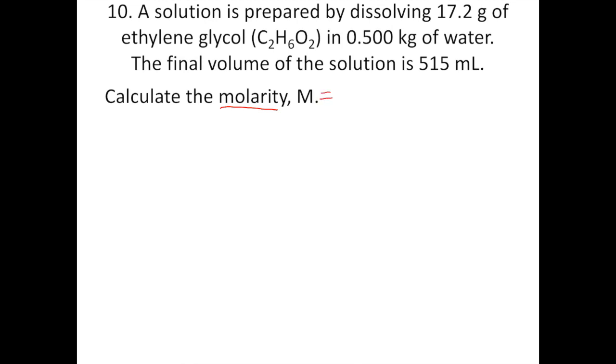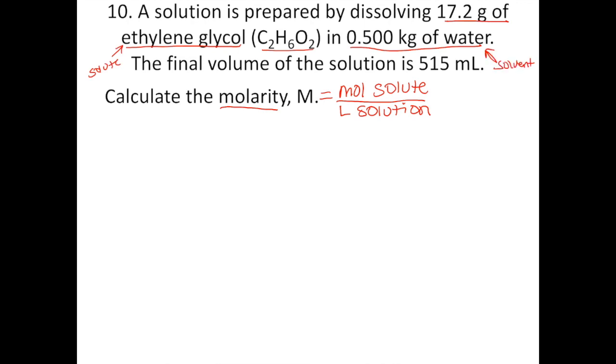Molarity, remember, is moles of solute over liters of solution, which is all the stuff total, solute plus solvent. We have 17.2 grams of ethylene glycol. We have 0.5 kilograms of water. So ethylene glycol is our solute. Water is our solvent. The final volume of the solution, so that's everything, is 515 mL. So this is the total.